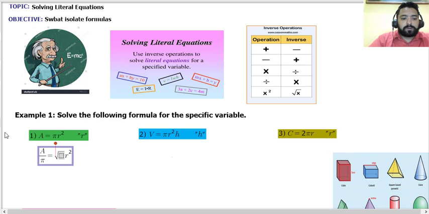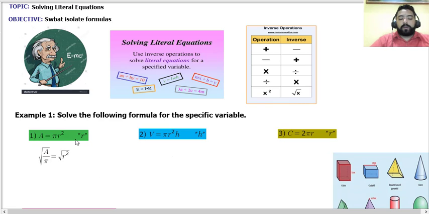So here I'm going to write the square root of r to the second power, and then if we put a square root here, we need to write a square root on the other side too. So the square root of this expression is going to be a over pi.